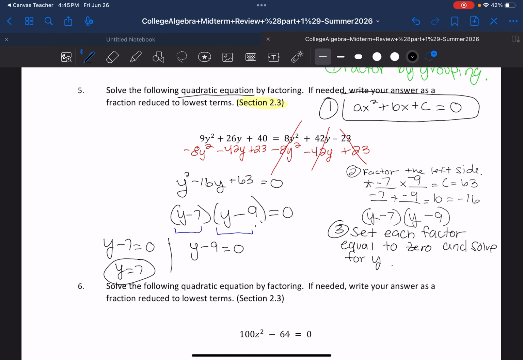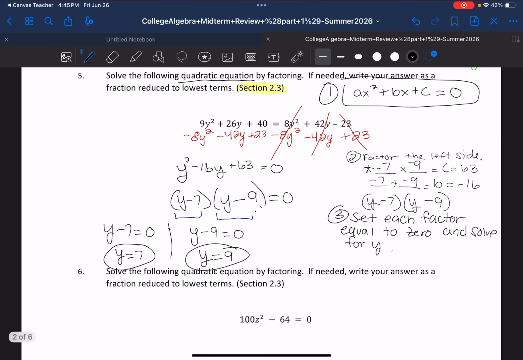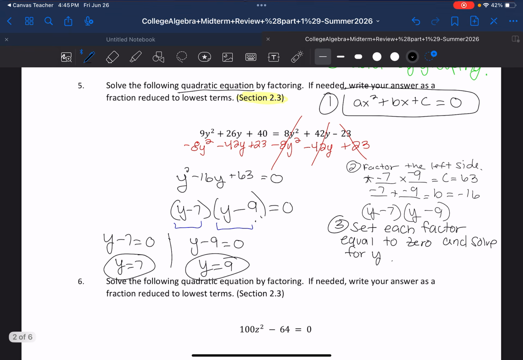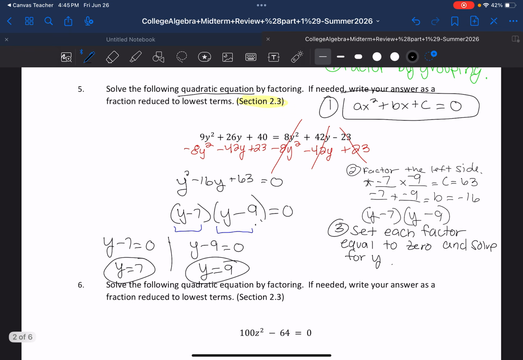And I add 9 to both sides to the other equation, so y equals 9. And those are the two answers. Of course, you could always plug them back in to the original to check. Okay, so that's always your goal when you're trying to solve a quadratic equation. You want to get it factored, and then you want to set the factors equal to 0 and solve each one separately to get your answers.